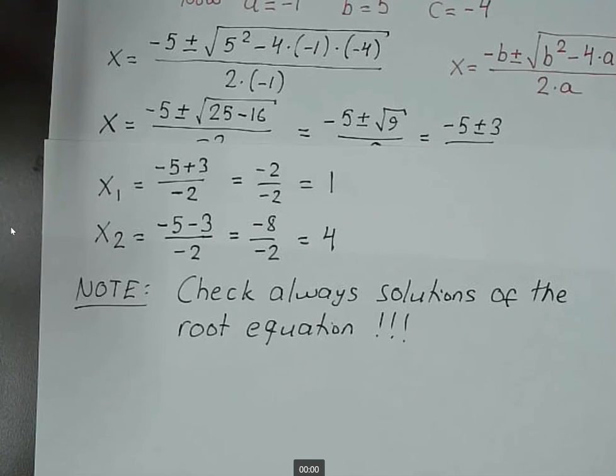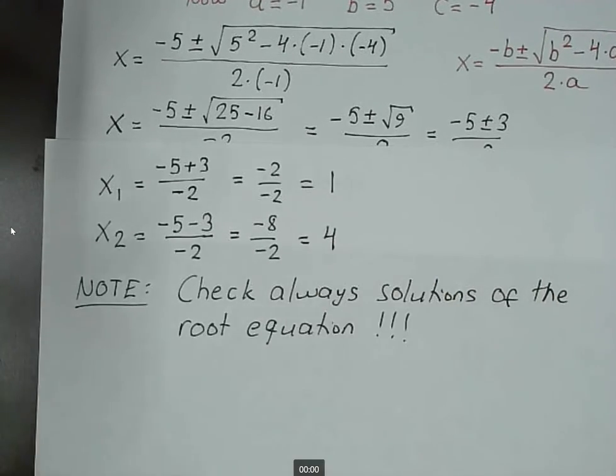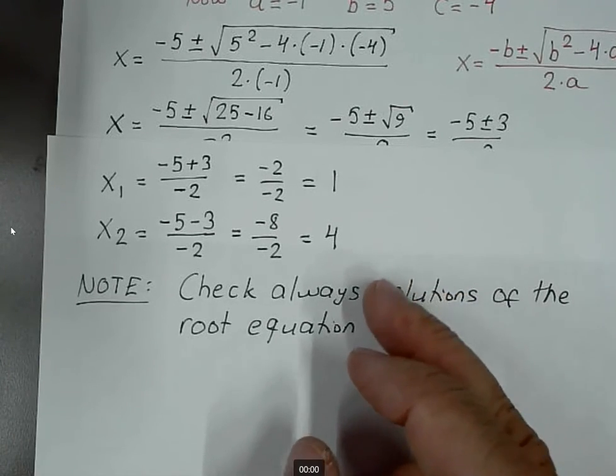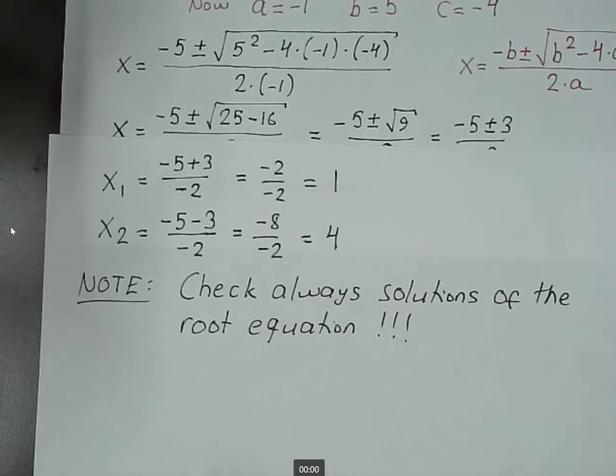We need to calculate both of them, but we always have to check if they are correct solutions for this initial equation. We can't be sure. So we need to calculate both, but after that we need to check the solutions. Yes, I got it. Thank you.